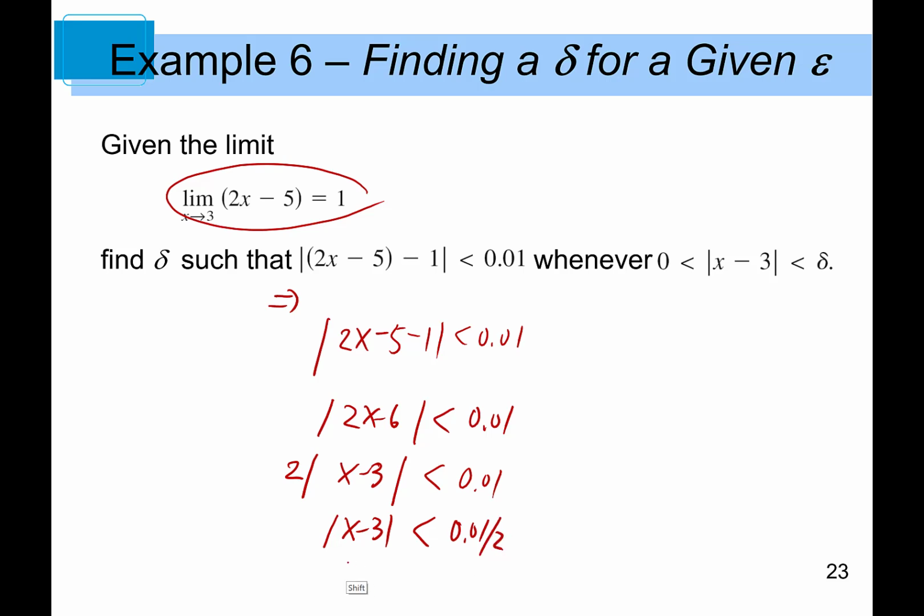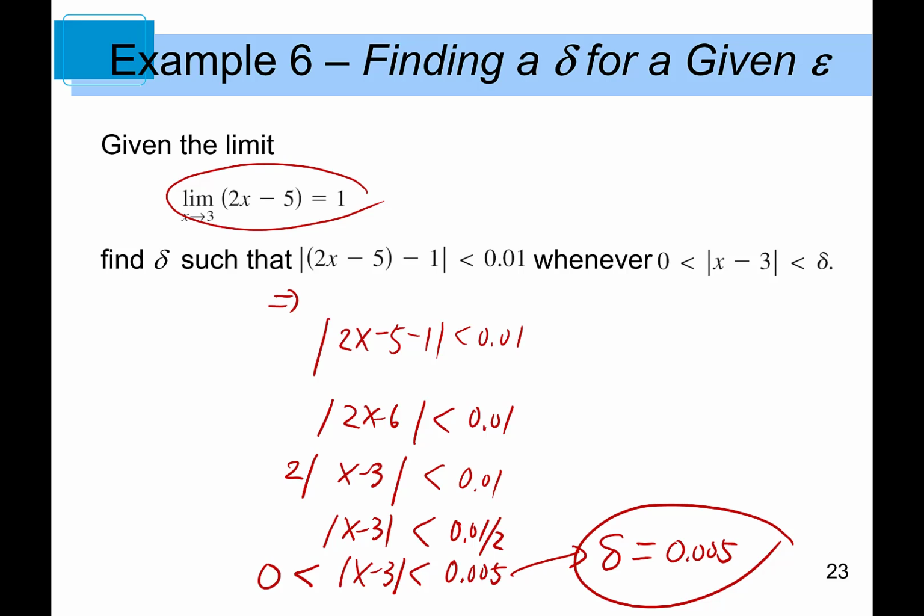So as you can see, that's 0.005. So this absolute value is definitely greater than 0, less than 0.005. And this is actually the delta we're looking at, right? So delta equals 0.005. So this is the algebraic way of finding the answer.